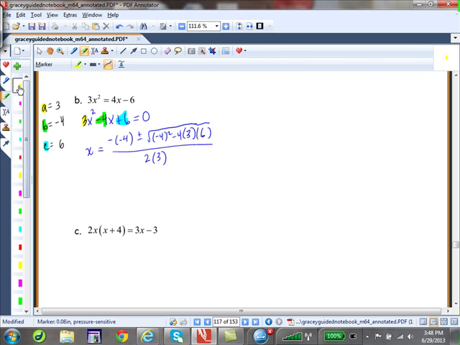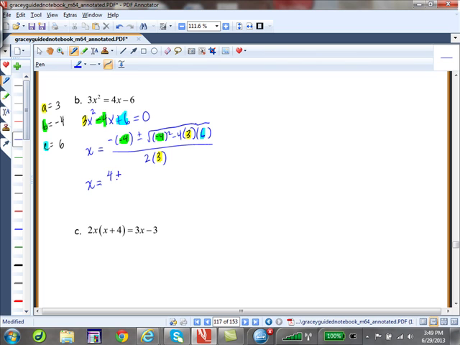So here is all our stuff. Here's a, here's b, and here is c. Now remember, you're in the complex number system for your solution, so it's okay to get an imaginary result. So if you get a negative under the radical, you'll end up with an i. So I'm not sure if that'll happen here, but just a heads up.